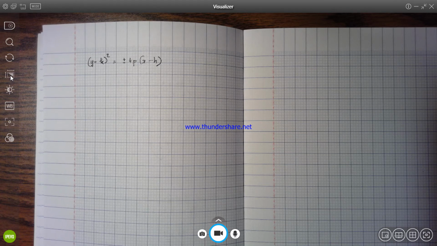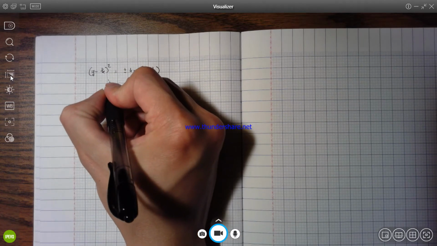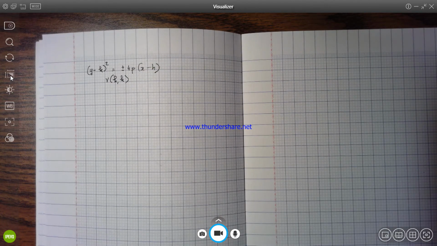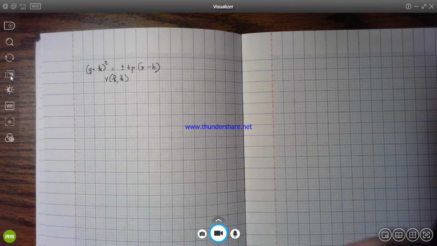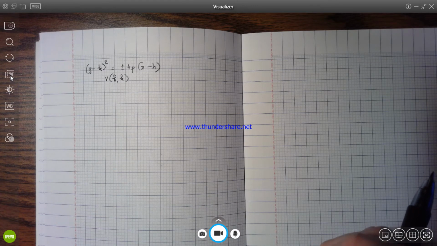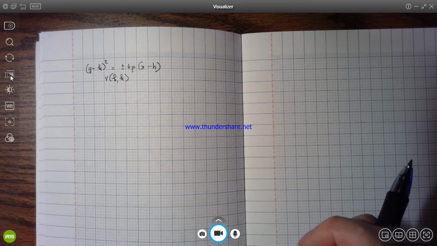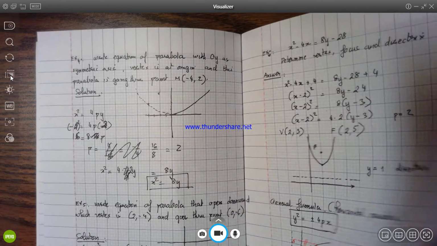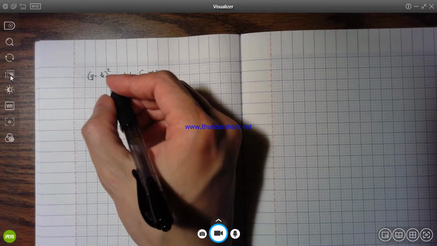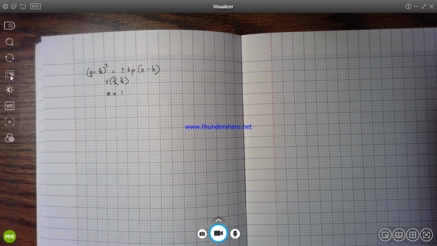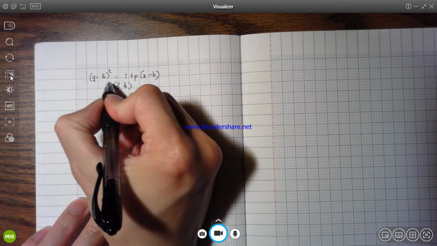The vertex over here will again be h, k. Because the vertex is not the origin, it's good if we sketch it so we can get the coordinate of the focus. Don't ever use the formula without understanding anything. The eccentricity is still 1. So this is the second formula for horizontal parabola.